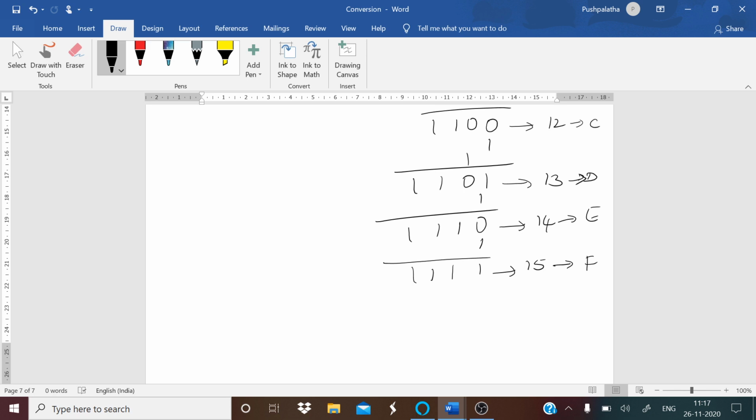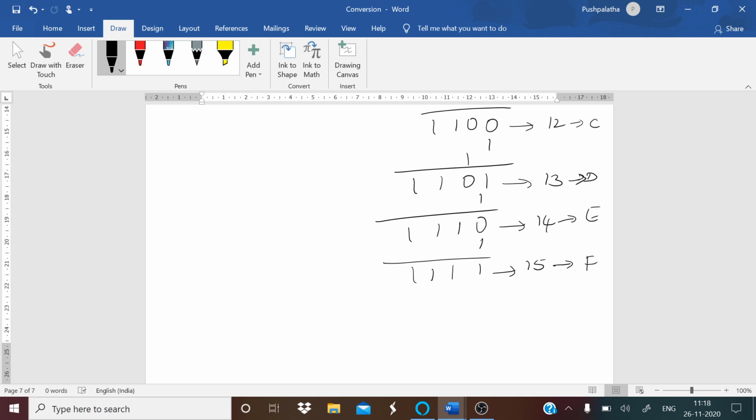In the next session, please do practice this format, that is the conversions of binary to octal, 3-bit and 4-bit. Practice it so that you become perfect, and in the next session you can easily answer.